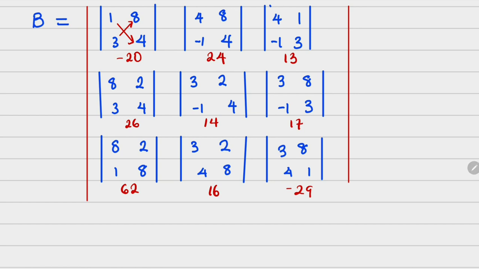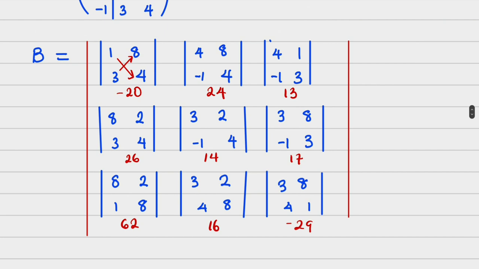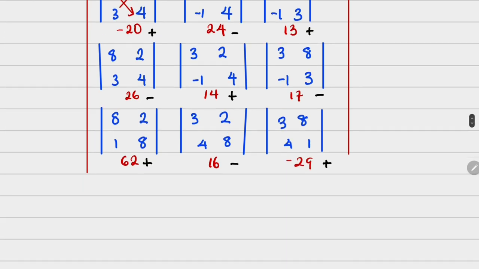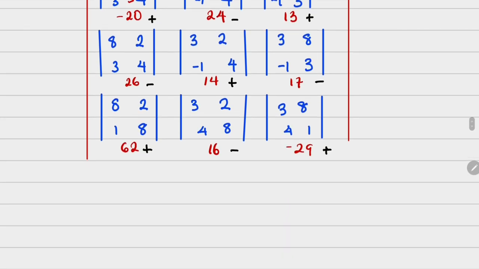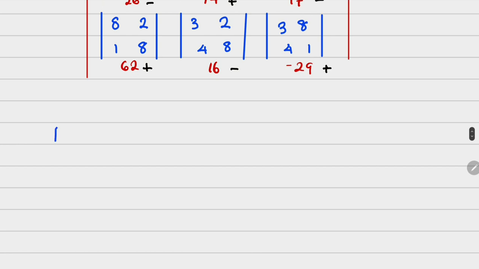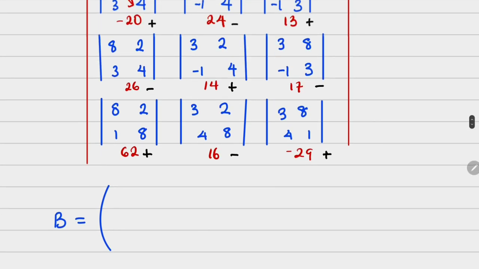Now the next important thing to do is to take note that this is positive, this is negative, this is positive, this is negative, this is positive, this is negative, this is positive, this is negative, and this is positive. So we'll just go on to have our B. Now B will be a matrix of, we'll pick the first one, which is minus 20.